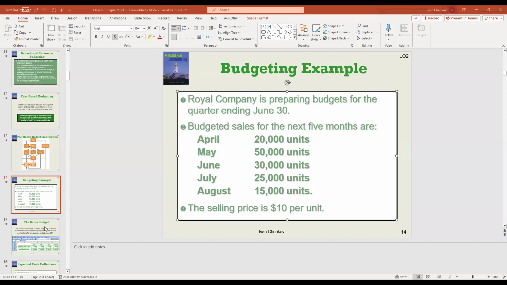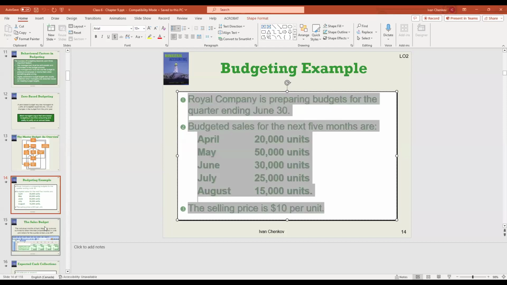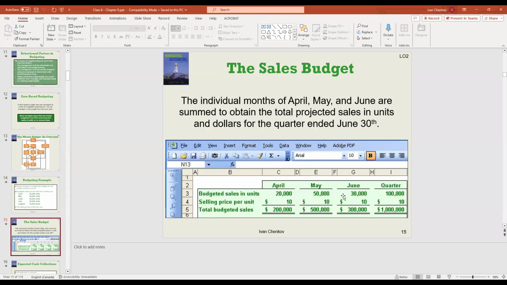And once we do, we can now prepare the sales budget. Sales budget is nothing different than what we just prepared. And you can see for the first quarter, our sales units that we're planning to sell are 100,000. If we sell those 100,000 units, we can generate $1 million sales. That's our budget sales. Now, is the sales equal to cash?